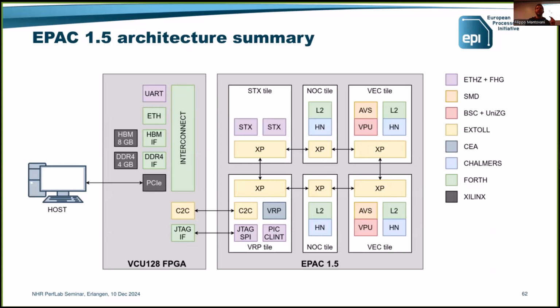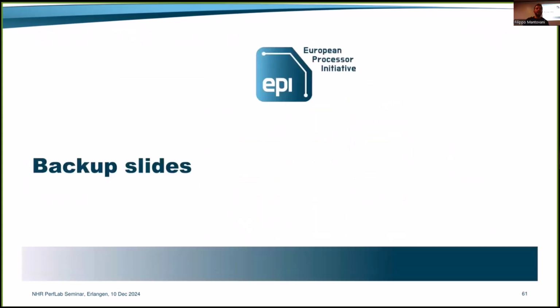In the case of the test chip that you saw in Antwerp, this is the behavior that we are using. In the case of the next tape-out that we are going to have next year, we will have an LPDDR4 memory controller embedded into the chip. So that chip should be able to be a standalone chip booting without an external device.